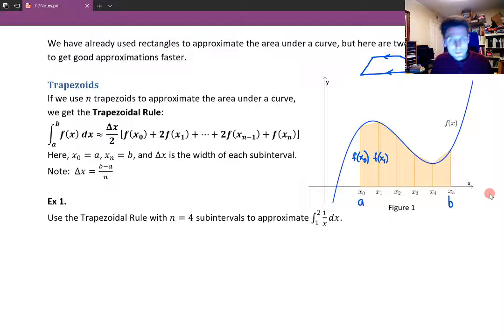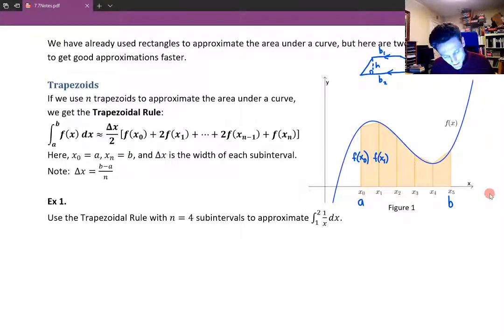If you remember the formula for the area of a trapezoid, you might remember it this way: if b sub 1 and b sub 2 are the lengths of the parallel sides, and you've got the height h, then the area of the trapezoid is the average of the bases times the height, or 1/2 times the sum of the bases times the height.